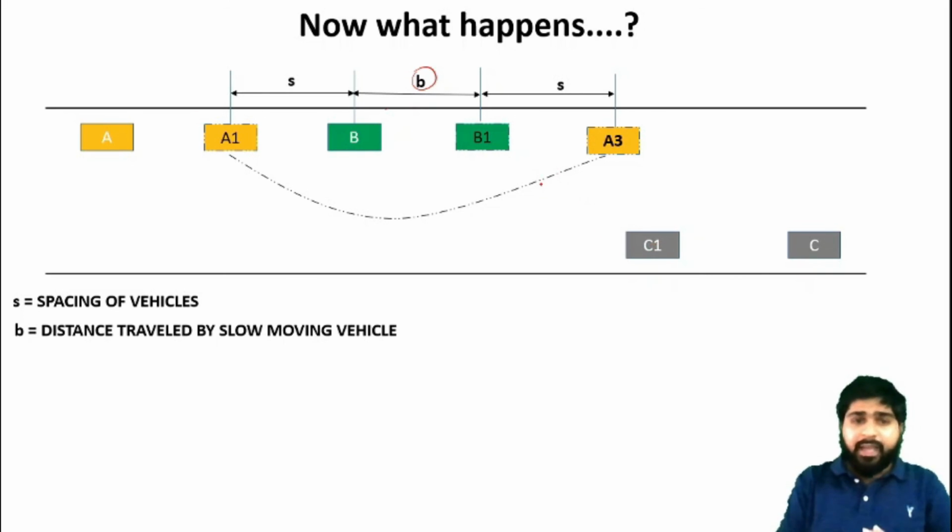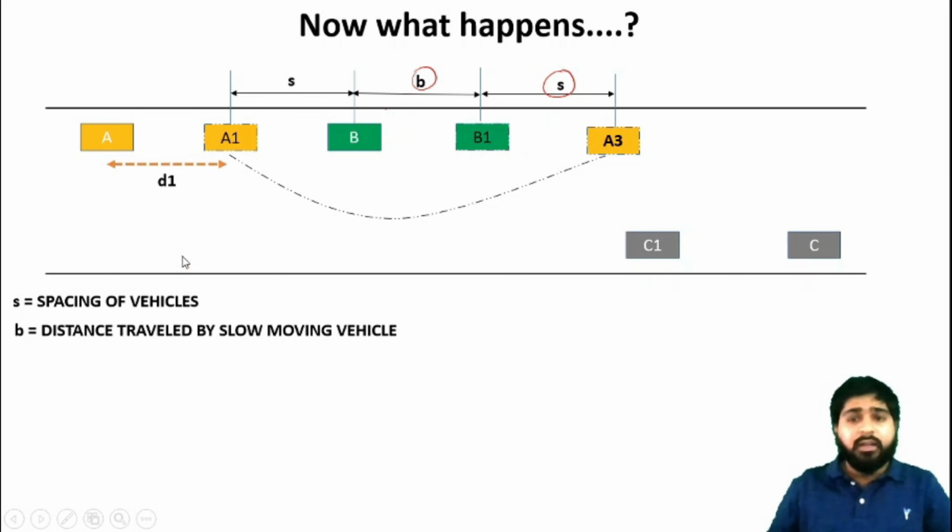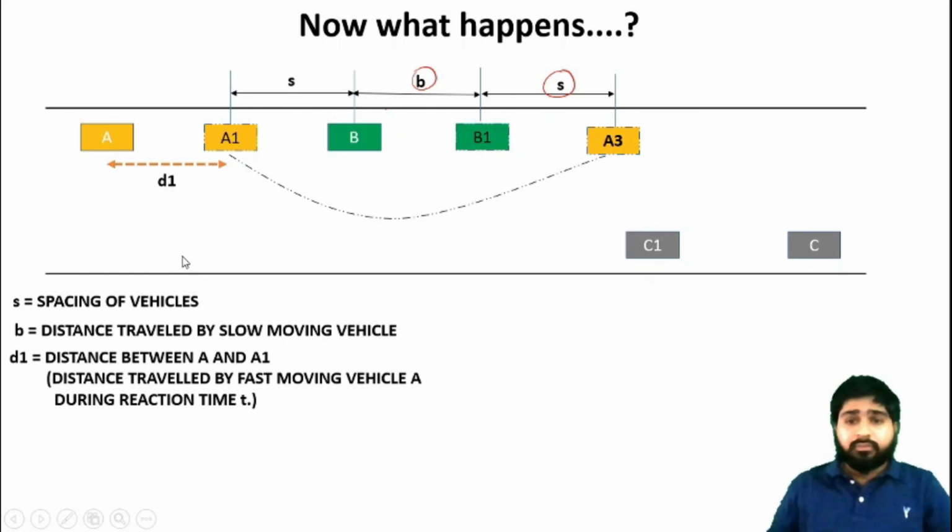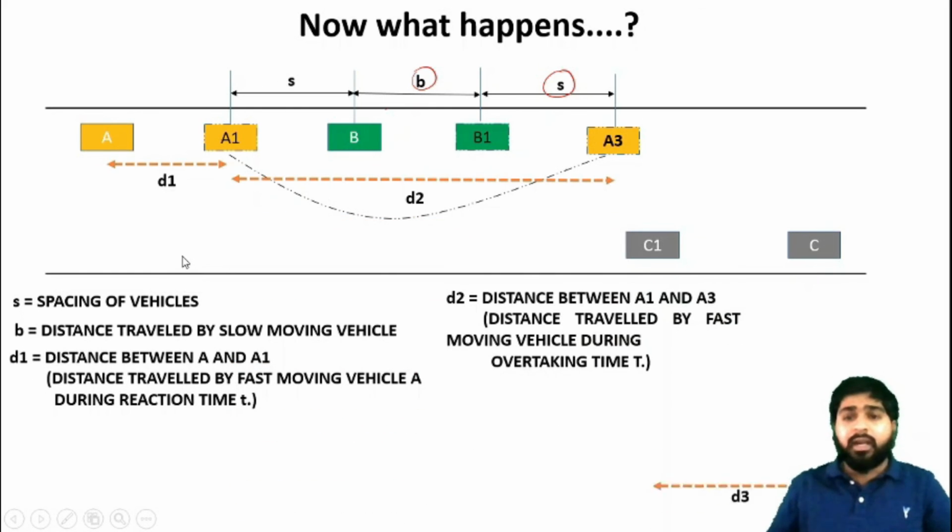Now here we are assuming that the distance between B1 and A3 is same as the distance between A1 and B. So it will be S itself, means spacing of vehicle. Now the C has also covered certain distance. That distance is called as D3.